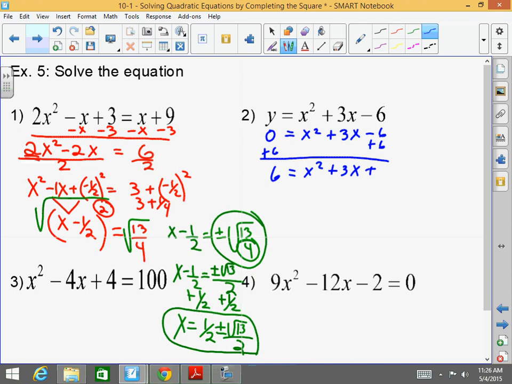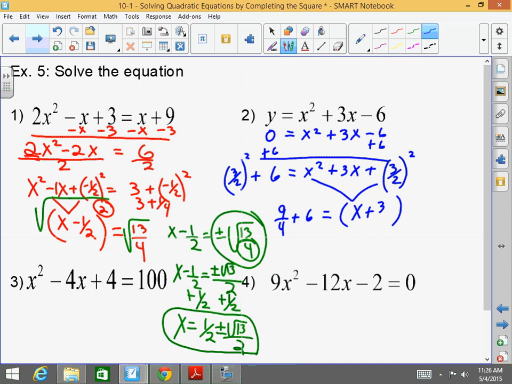So I'm going to add b over 2 squared. So what would b over 2 be? 3 over 2 squared, which I must add to both sides. So that's 9/4 plus 6 equals, how do I factor that out?